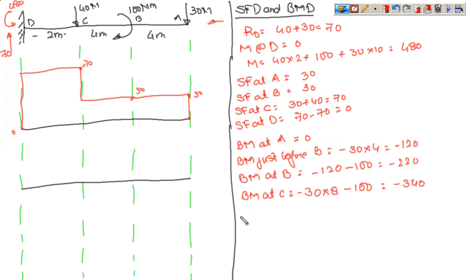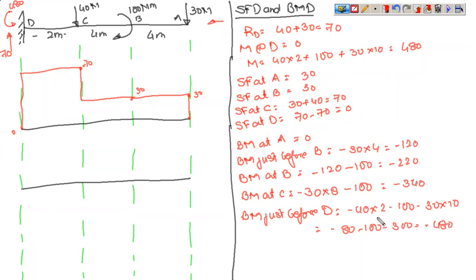Okay. Next will be BM just before D. BM just before D is minus 40 into 2 minus 100 minus 30 into 10. So this comes out to be minus 80 minus 100. This is minus 300. So this is minus 480.